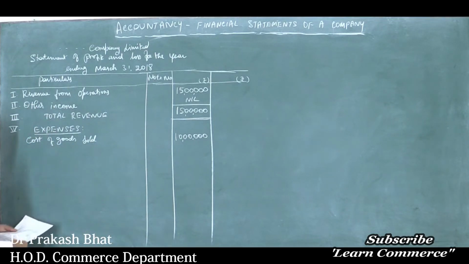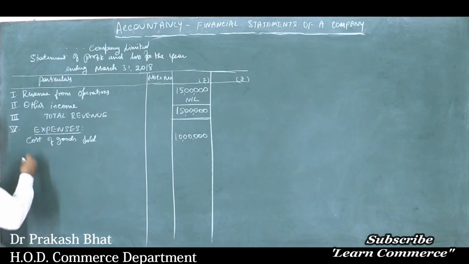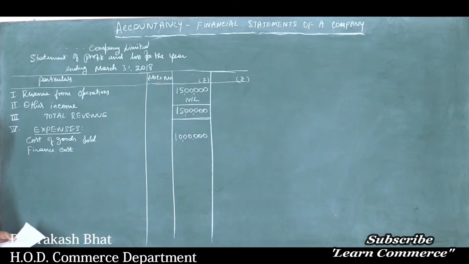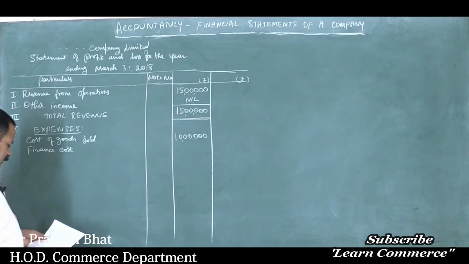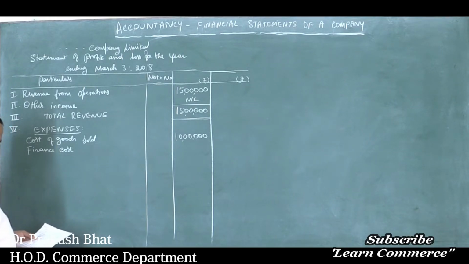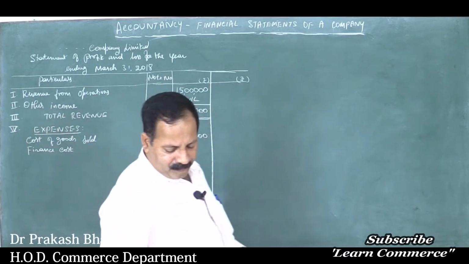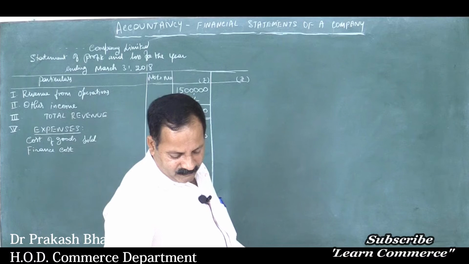Then finance cost. Isn't it? That is debentures. Finance cost, how much? 1 lakh. Sorry, only 30,000. 10% of 3 lakh, I think. Yes, it is.